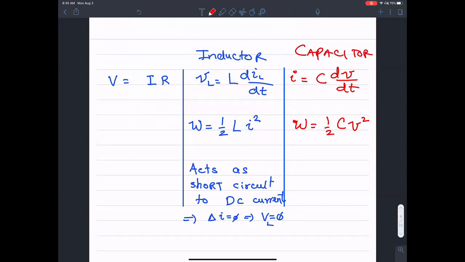Capacitor acts as an open circuit to DC.